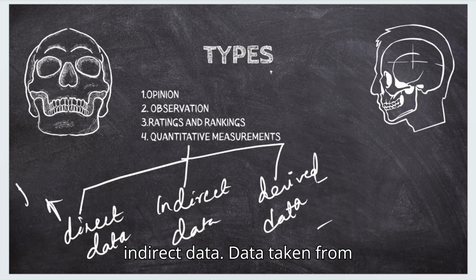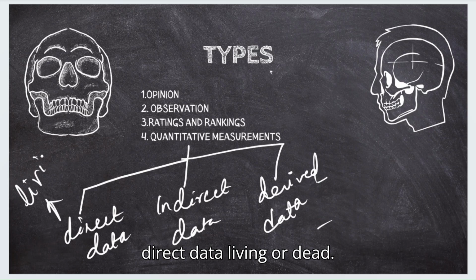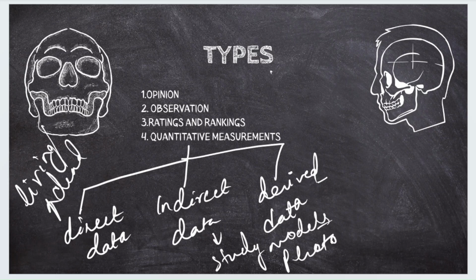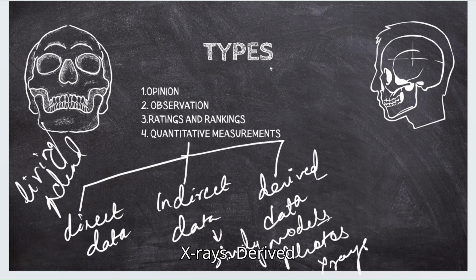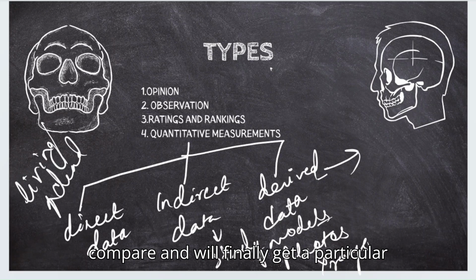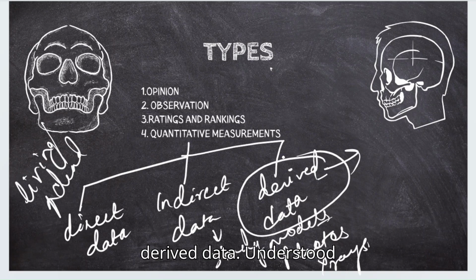Direct data is taken from the living or dead. Indirect data is from study models, photos, x-rays. Derived data means comparing both direct and indirect data, and we finally get a particular set of measurements. Okay, that is derived data.